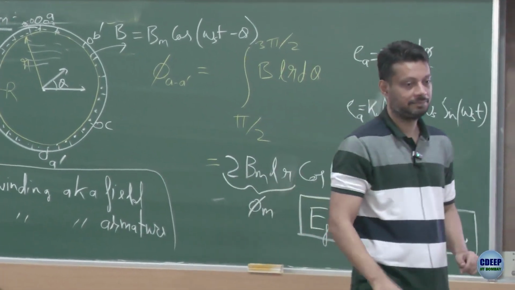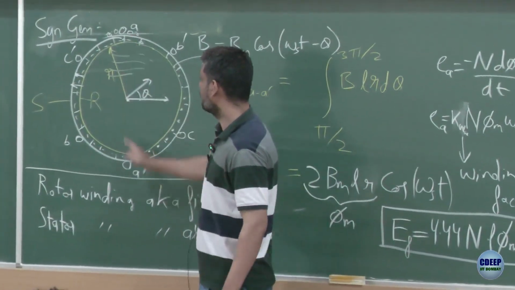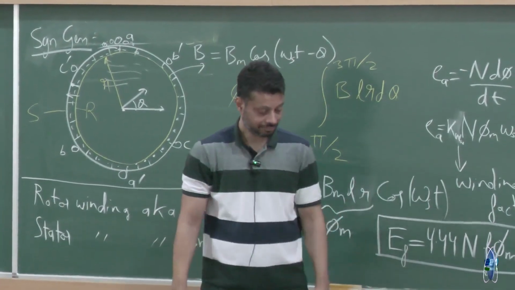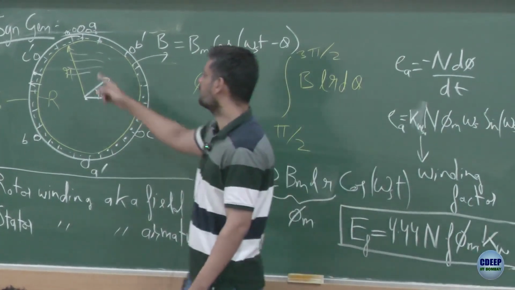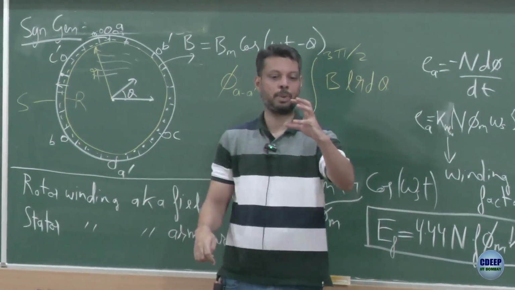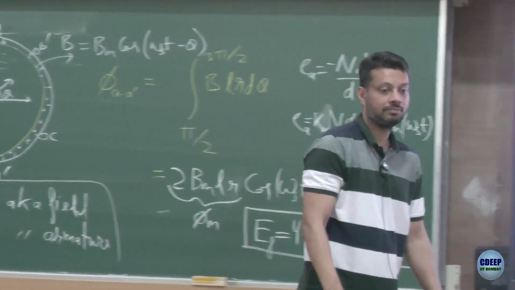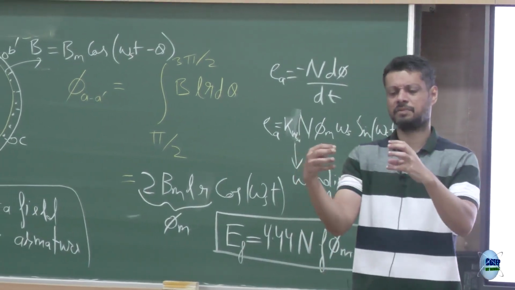We want to know how much flux is linking this turn. No, I am not talking about EMF. I am just saying what is the flux crossing this ring. There is one ring. I want to know how much flux crosses that ring. I am only worried about the flux crossing the ring.